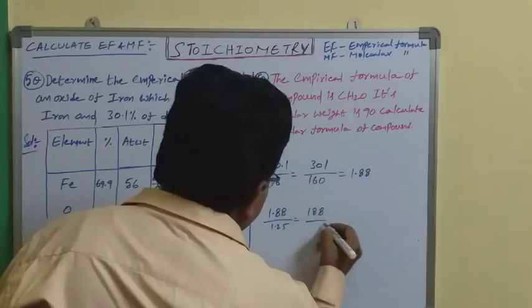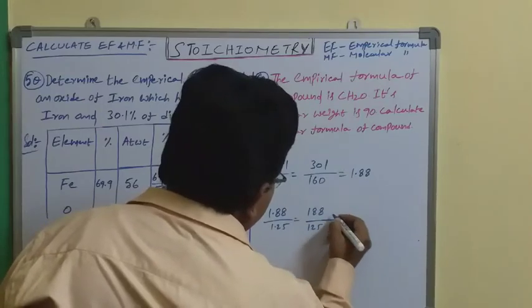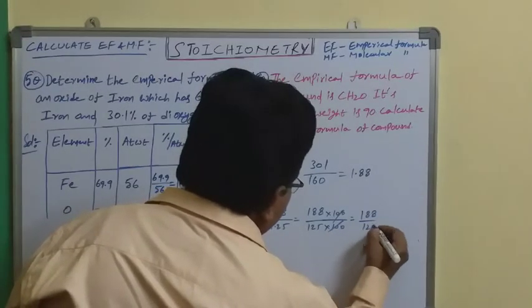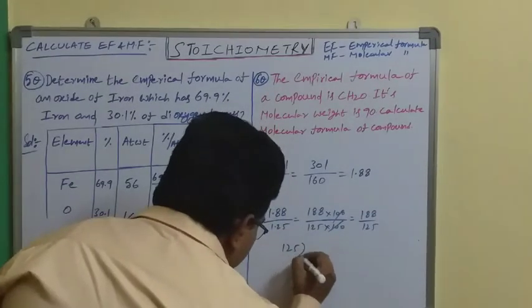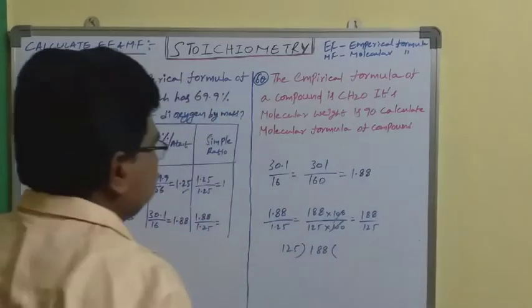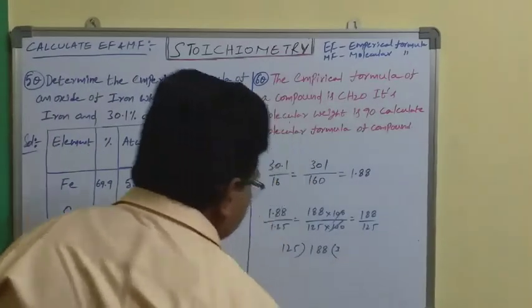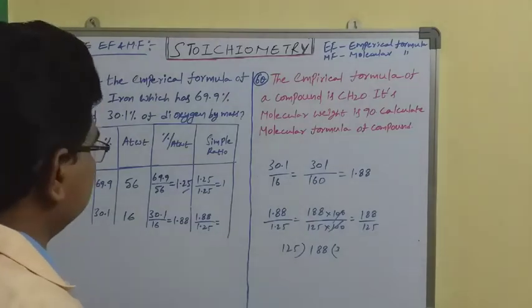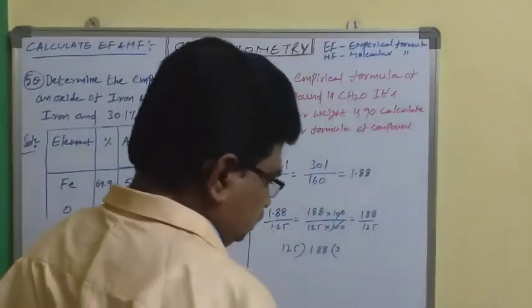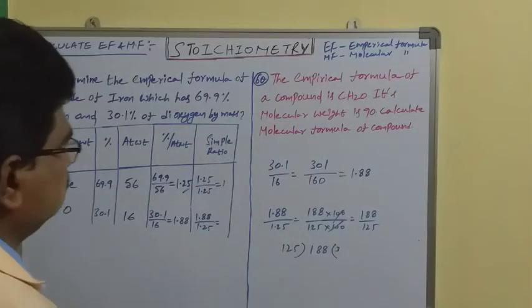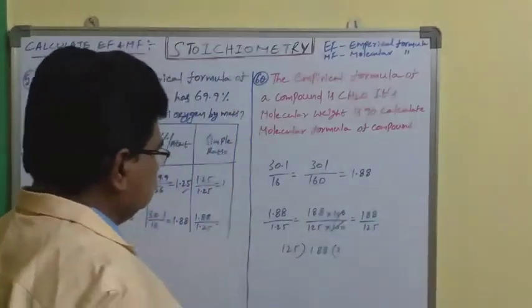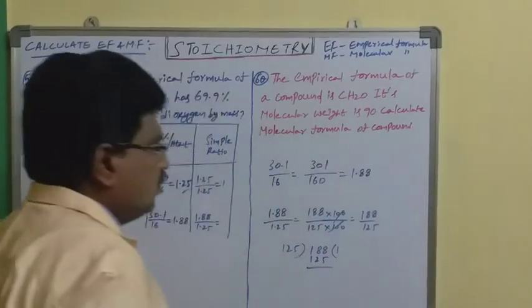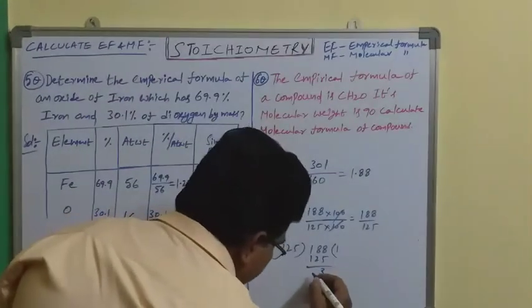Remove the point: numerator 188, denominator 125. 125 divided into 188: once 125, 8 minus 5, 3; 8 minus 2, 6.